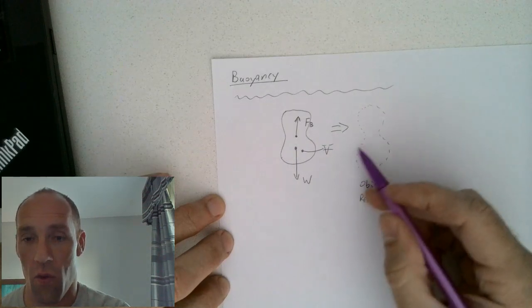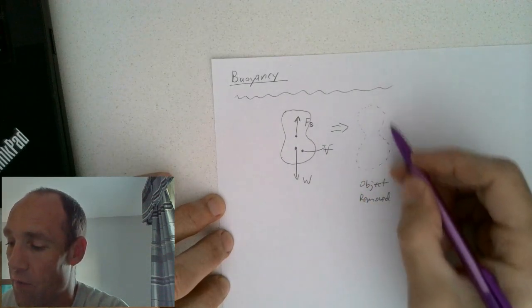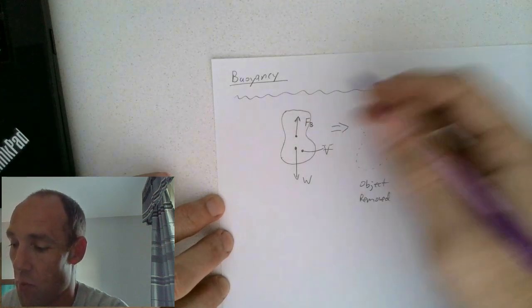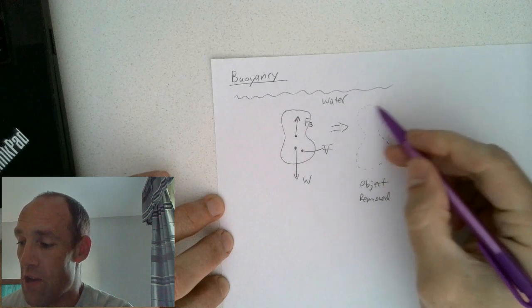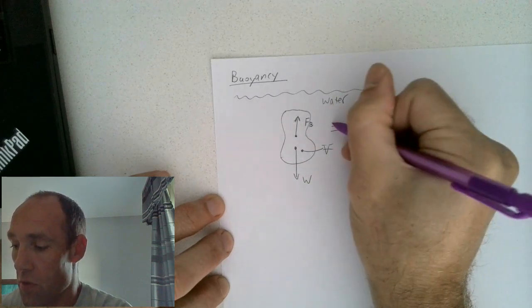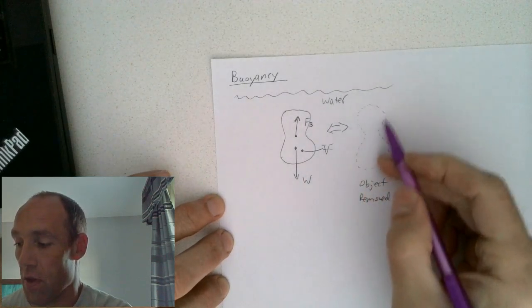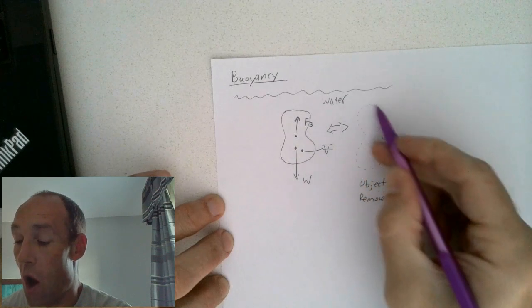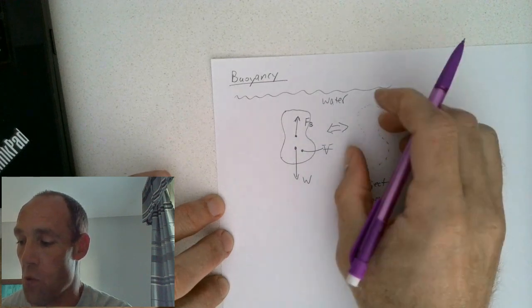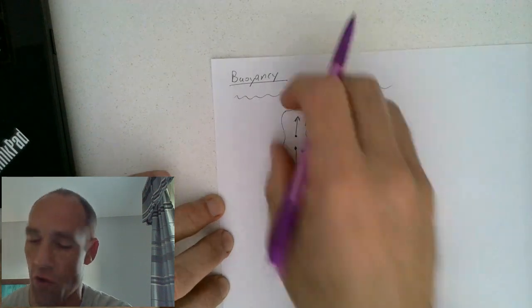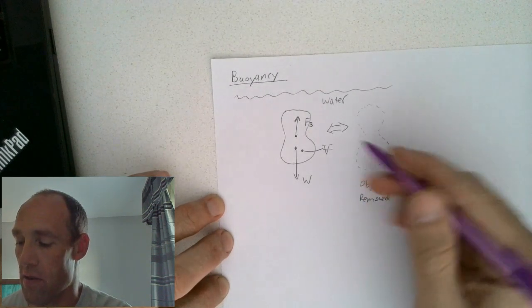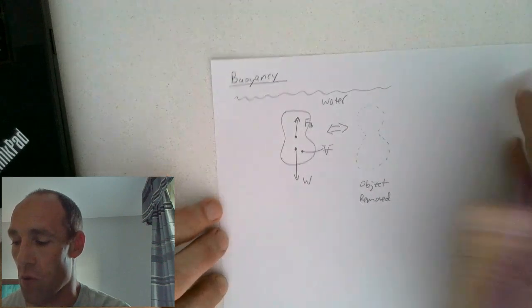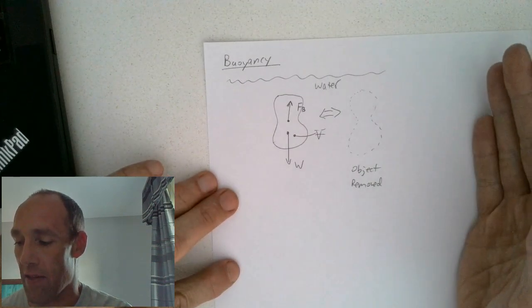Or I'm sorry, this region of the fluid in question. So we'll just say that this is going to be water. So I had a region where there was water, and instead I removed that mass of water and inserted the mass of the object. As a result, there's a net disturbance, a net sort of removal of mass.